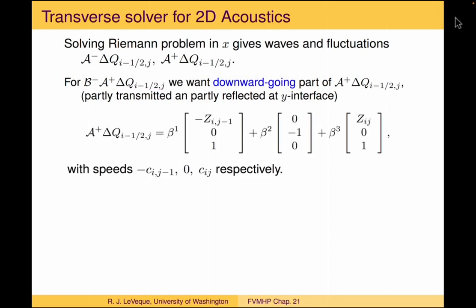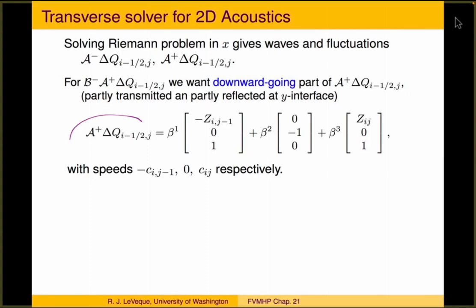And so we can look at taking this jump in this fluctuation, that's a vector with 3 components for acoustics. We can look at taking that vector and split it up as a linear combination of 3 eigenvectors in the y direction. But for the downgoing eigenvector, we'll use the value of z in the cell down below, whereas for the upgoing eigenvector, we'll use the value of z in cell ij.